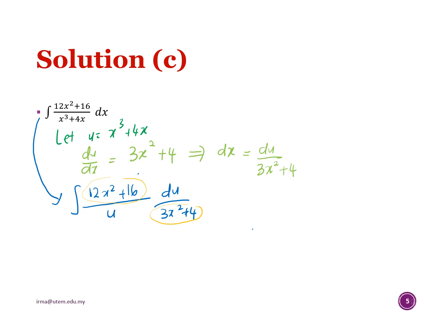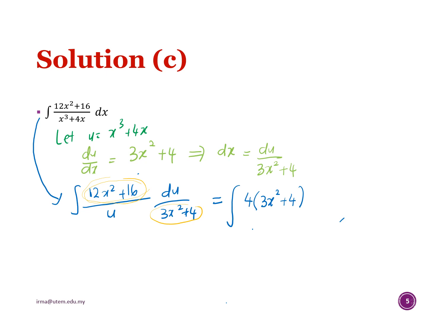But you can modify that. How are you going to modify? You can factorize this 12x squared plus 16. I just bring 4 in front, so I will have 4 times 3x squared plus 4.